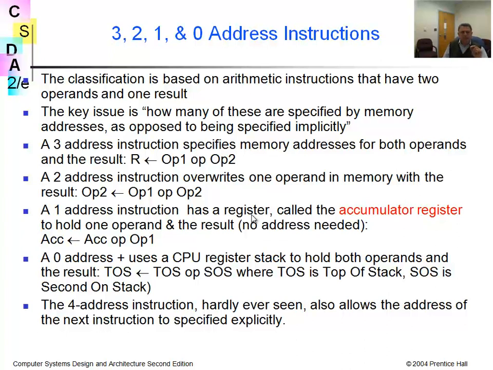Then we have a 1 address instruction. In a 1 address instruction, usually in the CPU, we have a special purpose register which we call an accumulator. We go once to memory, bring in one of the operands and load it to the accumulator.